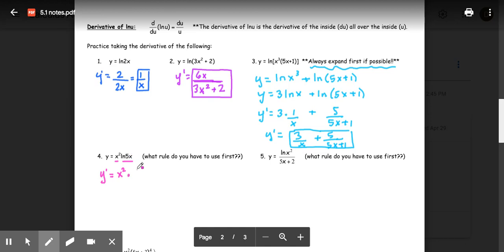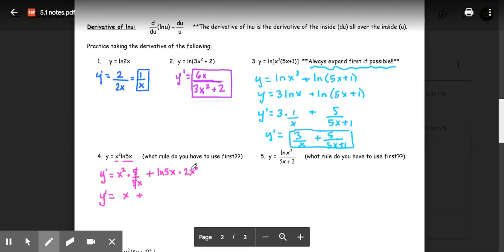The derivative of the log is the derivative of the inside, which is 5 over the inside. And then plus, this is the second part of product rule, the second times the derivative of the first. Derivative of x squared is 2x. All right, all you can do is clean this up a little bit. The 5's will cancel. The x squared over x reduces to just x.